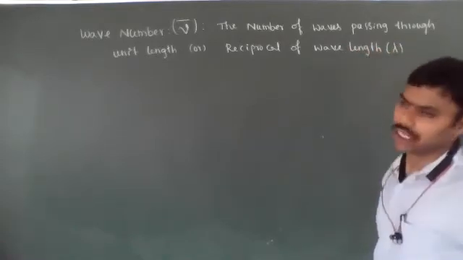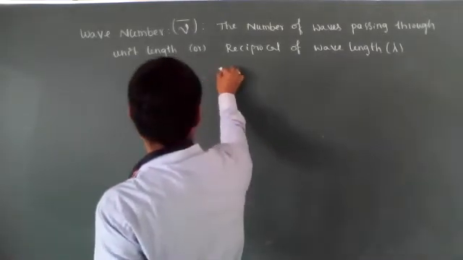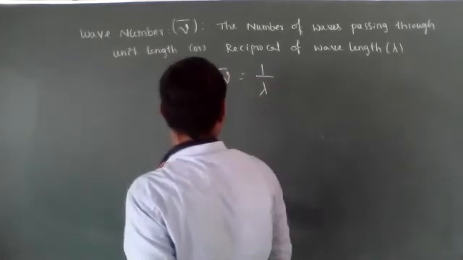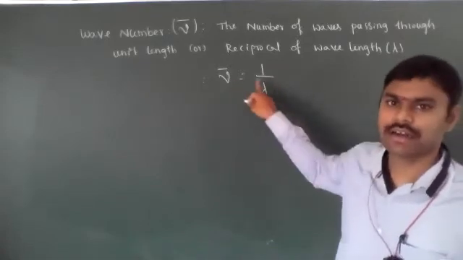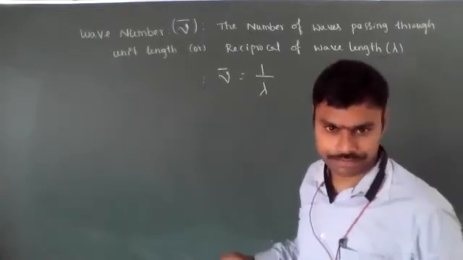Therefore, the wave number nu bar is equal to 1 by lambda. The reciprocal of wavelength is known as wave number.